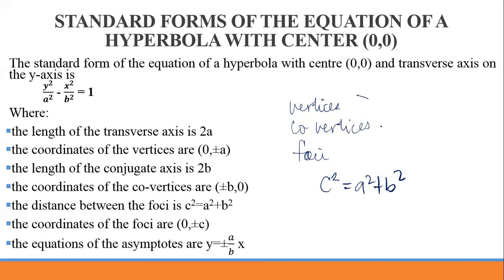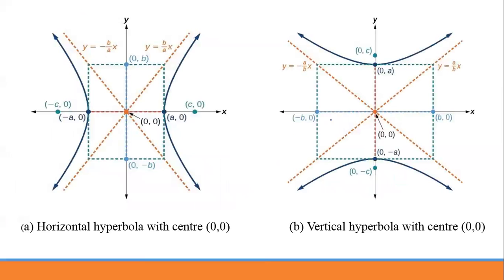So these are related to these equations. So when we are given the equation of a hyperbola, we can use this relationship to identify its vertices and foci. Alright? Ayun. So here are the horizontal hyperbola with center 0, 0, and the vertical hyperbola with center 0, 0. Alright?